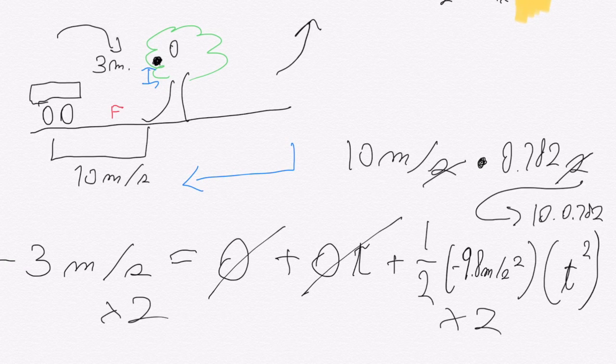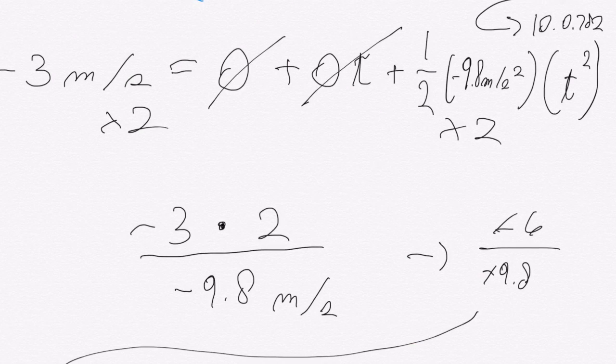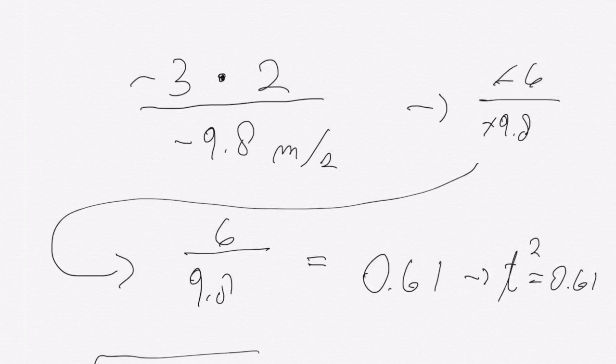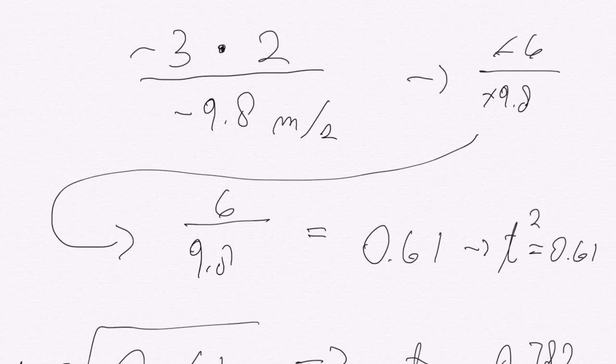For the change in y, we do negative 3 meters, and then we equal that to 1/2 times negative 9.8 meters per second squared, t squared. Now, negative 9.8, since I'm defining positive in the standard y coordinate, and we multiply these by 2, we get negative 6 over negative 9.8, and then the negatives cancel out to 6 over 9.8 equals 0.61.